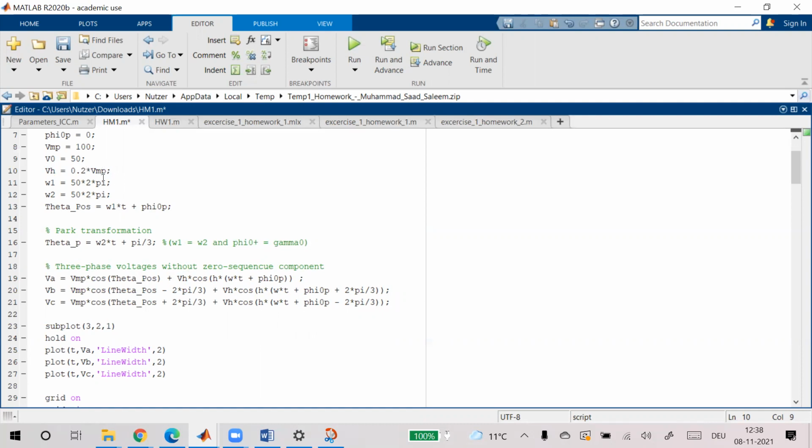Then I add one more variable, h, which is equal to, let's say, the fifth order in the beginning.